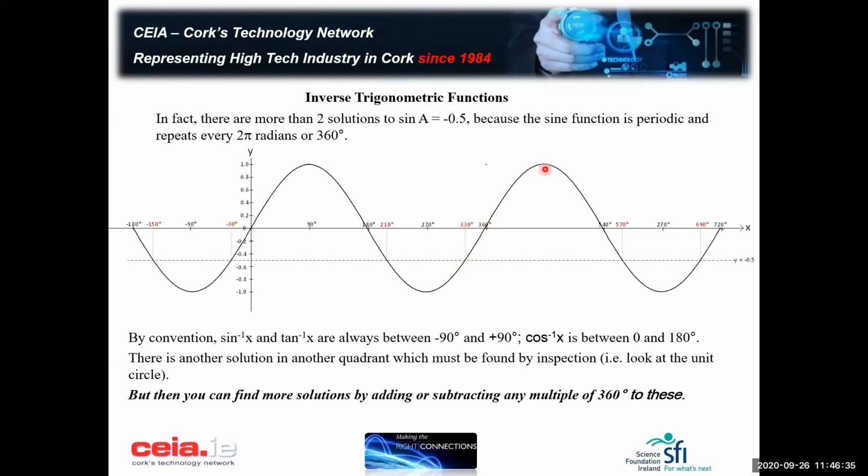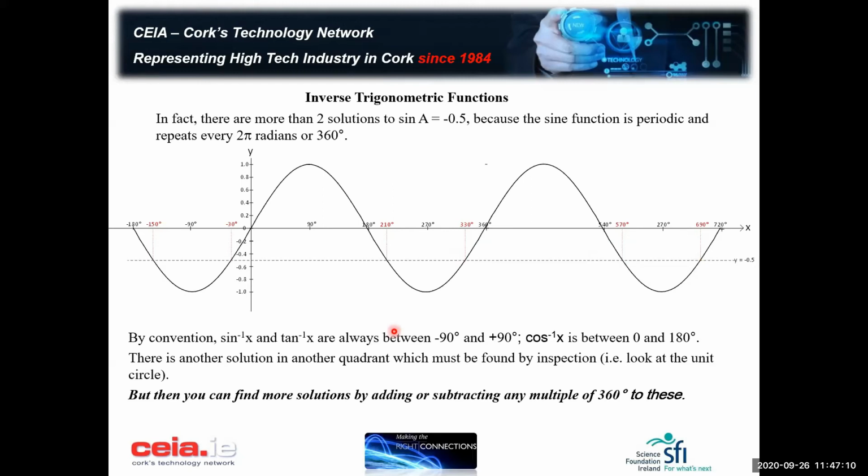Carry that sine wave on beyond 360, making another rotation around the unit circle, you get to 570. I might have said 510 by mistake a minute ago. I meant 570, which is 360 degrees more than 210. And keep on going with your sine wave. You hit another point, 690 degrees, which is 330 plus 360.